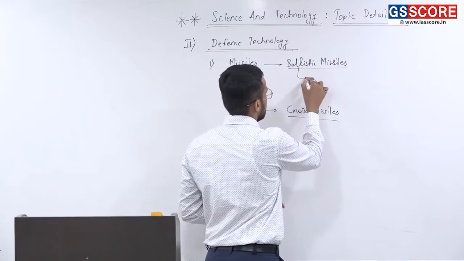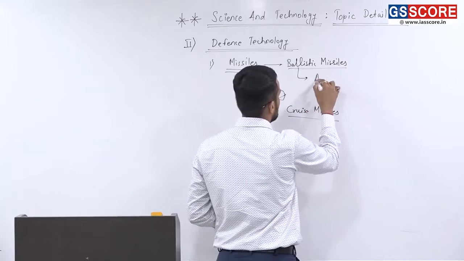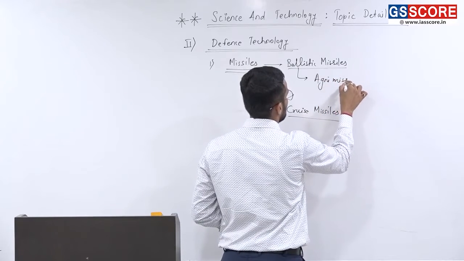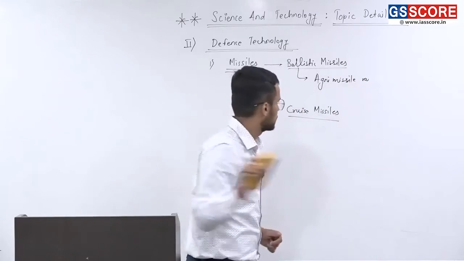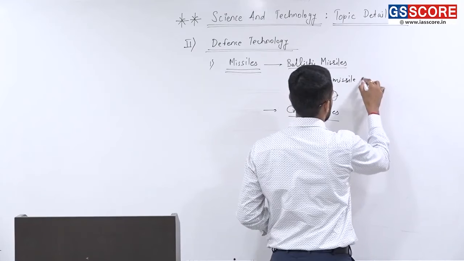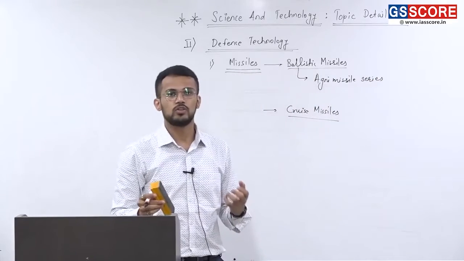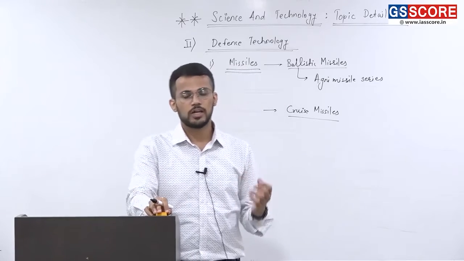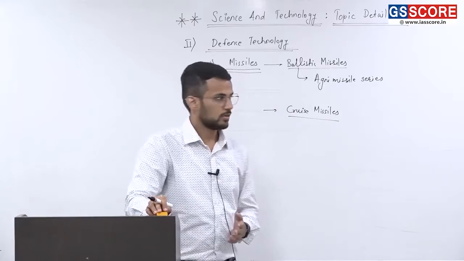So here, for ballistic missiles, you must be aware of the Agni missile series. We have a total of 5 Agni missiles, Agni 1, 2, 3, 4 and 5, and UPSC has asked a question on Agni missile 5 in the recent past.